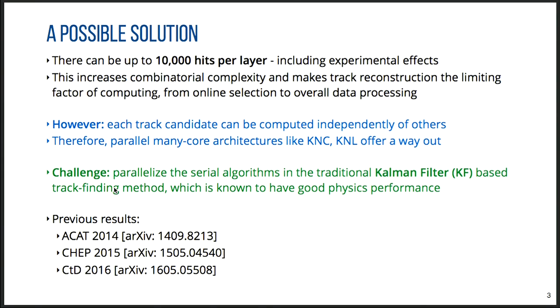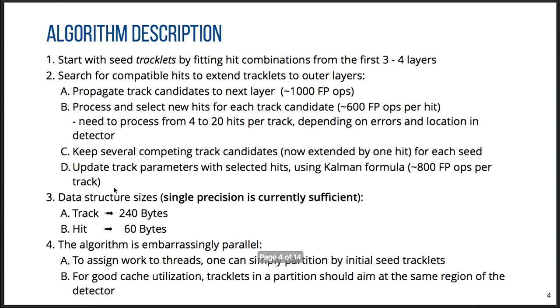If you're interested in more, we have a few papers. Basically, we want to stick with the Kalman filter, which was de facto the best parallel approach we have had for many years. The way you do the tracking is that you start from a small seed of a few layers, what you call a seed tracklet.